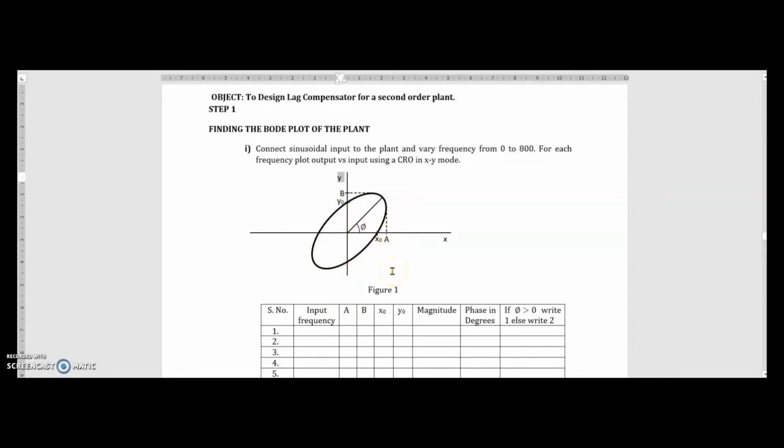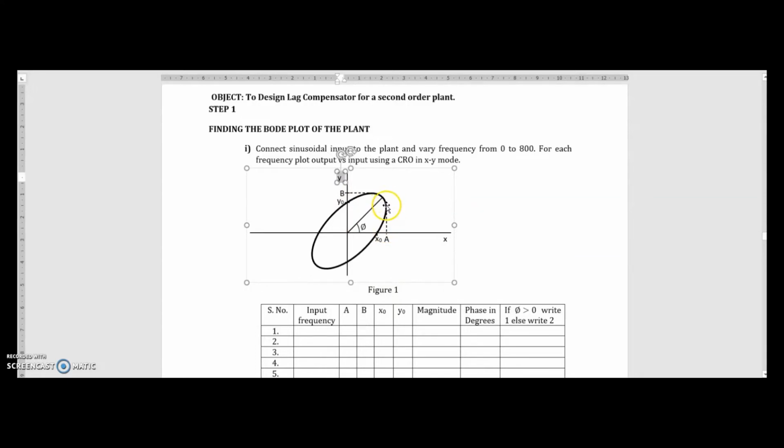We have to measure some points here, and based on these points we will get the Bode plot or frequency response of the system. So these points are A, B, where A is the maximum value of X in the figure.